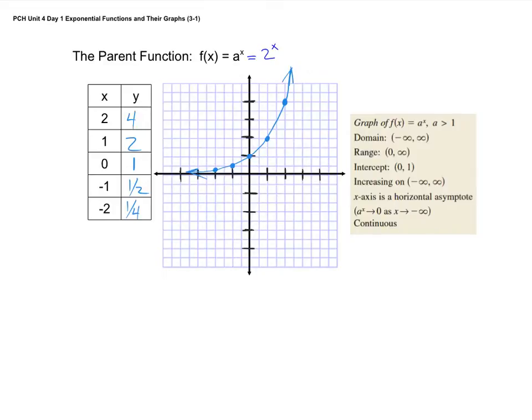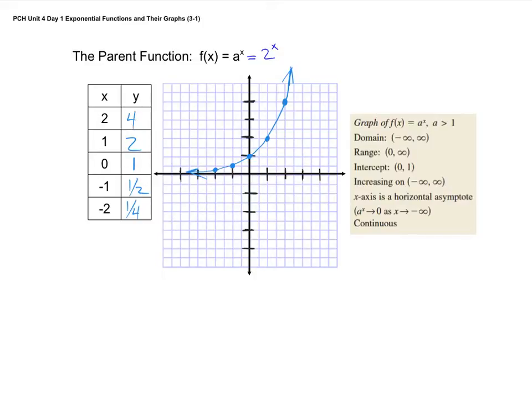The y-intercept is something that will help you in your sketches. Unless we are stretching or shrinking it vertically, or translating it around, the y-intercept is always going to be (0, 1).